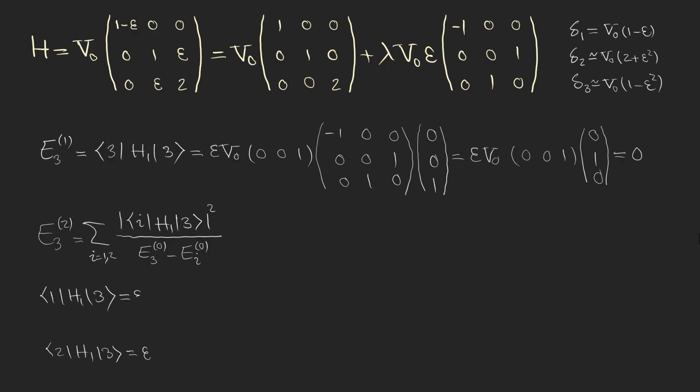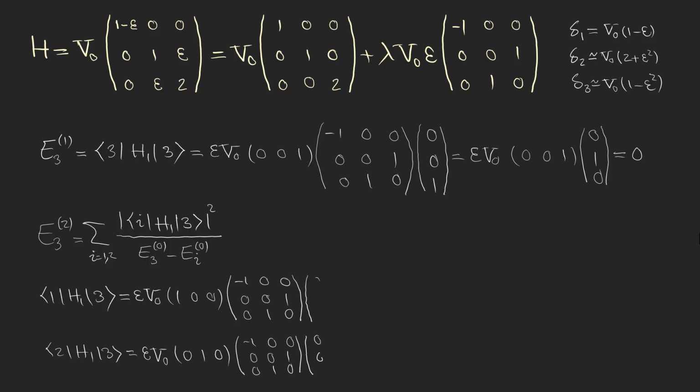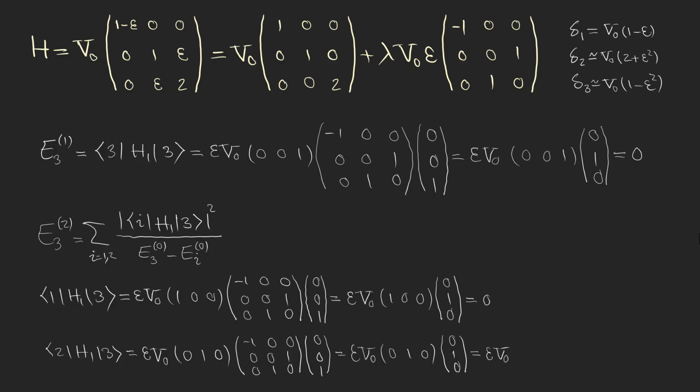The two numerators for the two terms of the series above can be calculated like this. For the first state, it yields 0, and the first term vanishes, but the second term is non-zero and equal to epsilon times V0. Now, put it into this fraction with the denominator to be 2 times V0 minus V0, and the result is epsilon squared times V0.